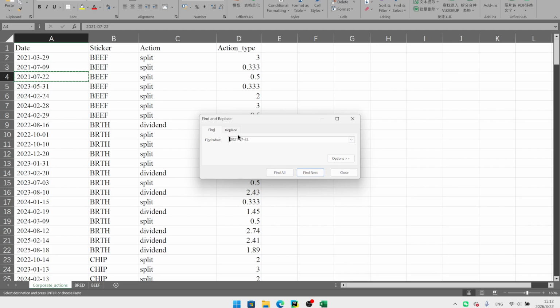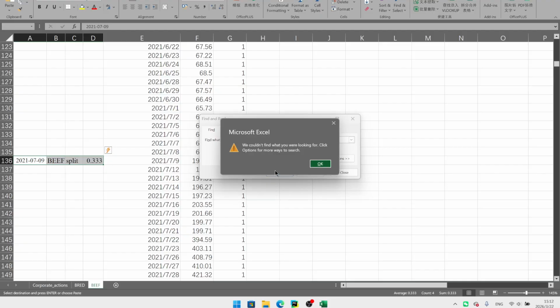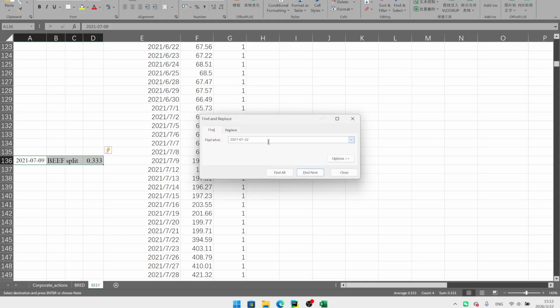Or we can do that, it's much more convenient. It's not in this format.